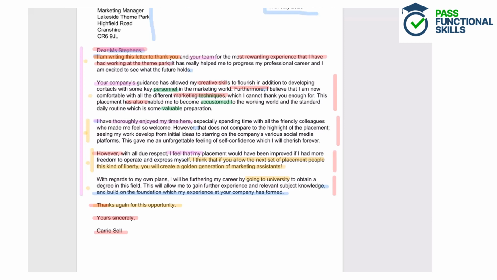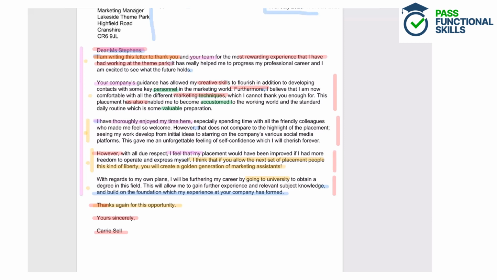So in this answer, they've focused on the positives of the work placement. The entire answer is very much focused on their experience of the work placement, and that answers the question. They've definitely addressed all of the bullet points as we discussed earlier. It's also very much suited to the audience.